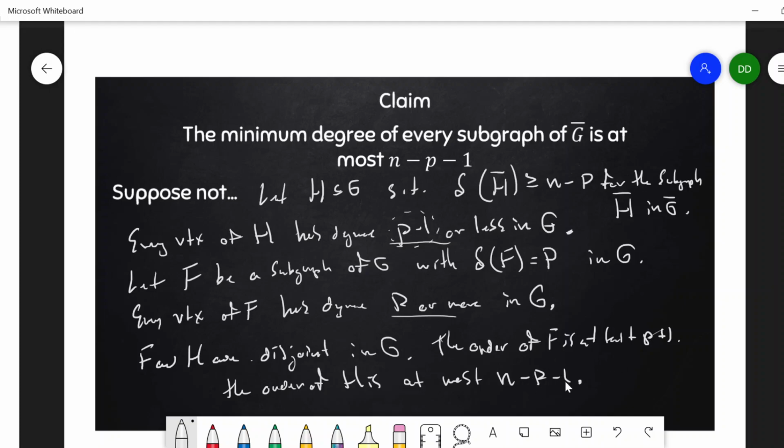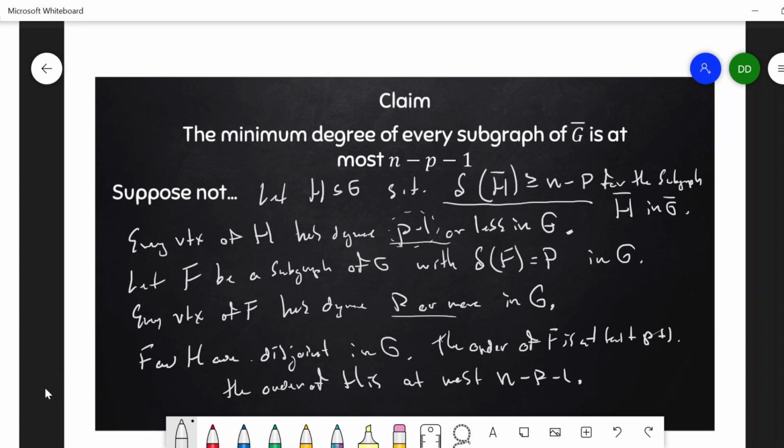this contradicts the fact up here, that the minimum degree of H bar in the complement is at least n minus P, right? So if the order of H is at most n minus P minus 1, then the minimum degree in the complement would be at most n minus P minus 1, and so that contradicts this assumption.